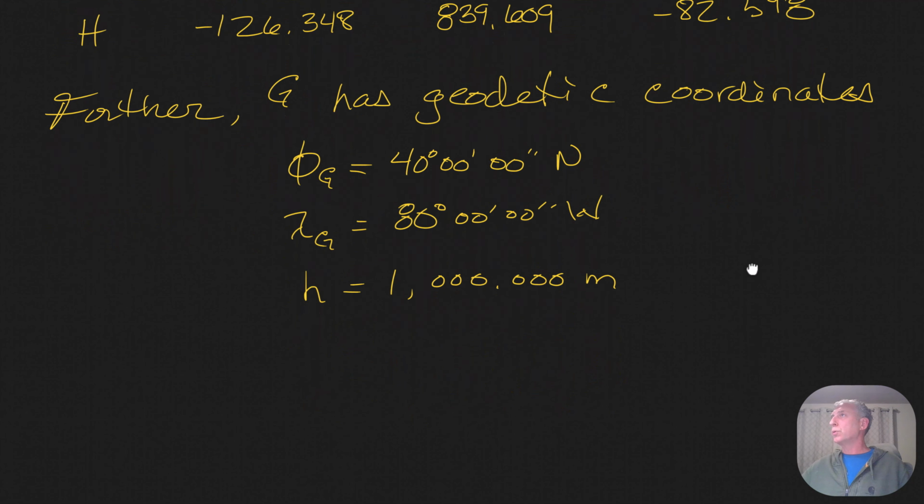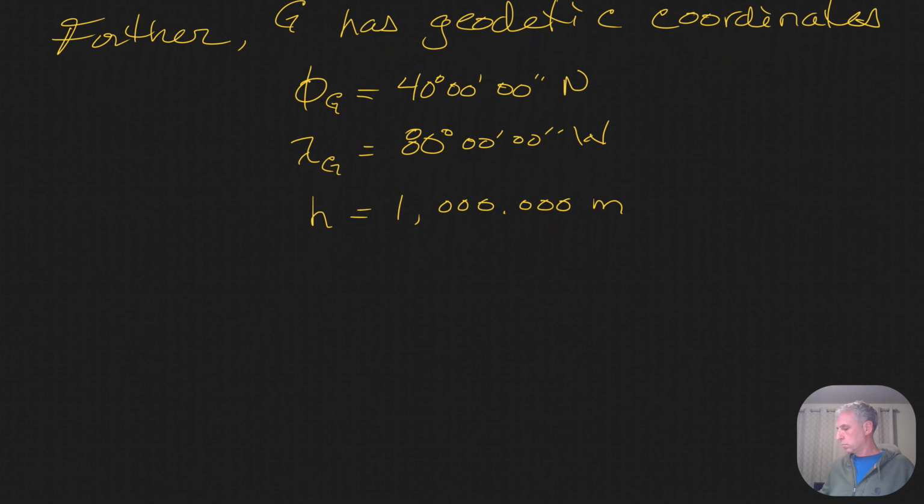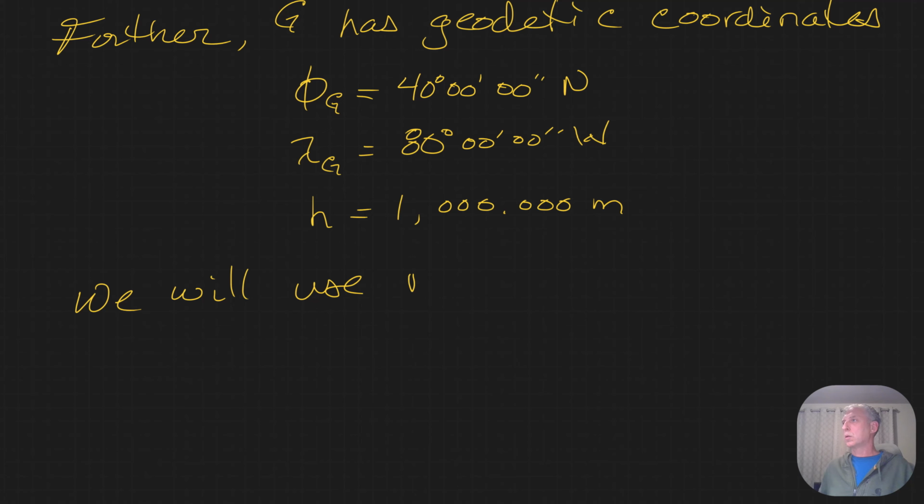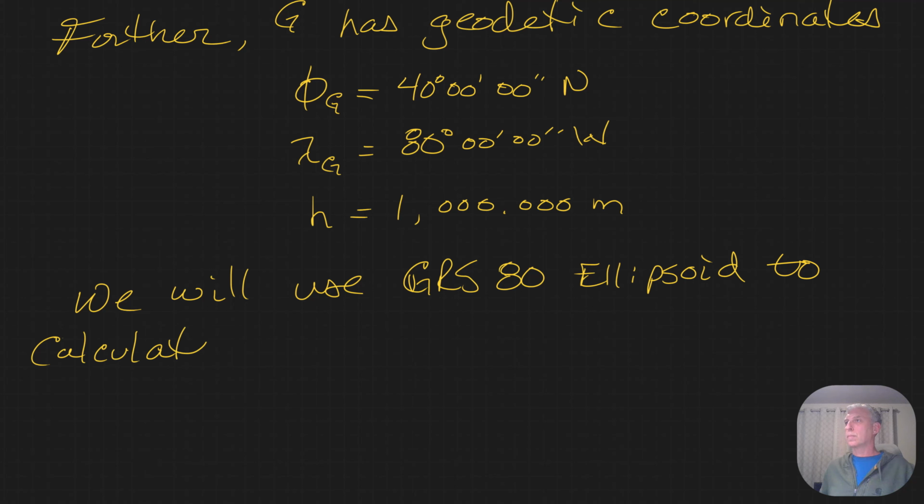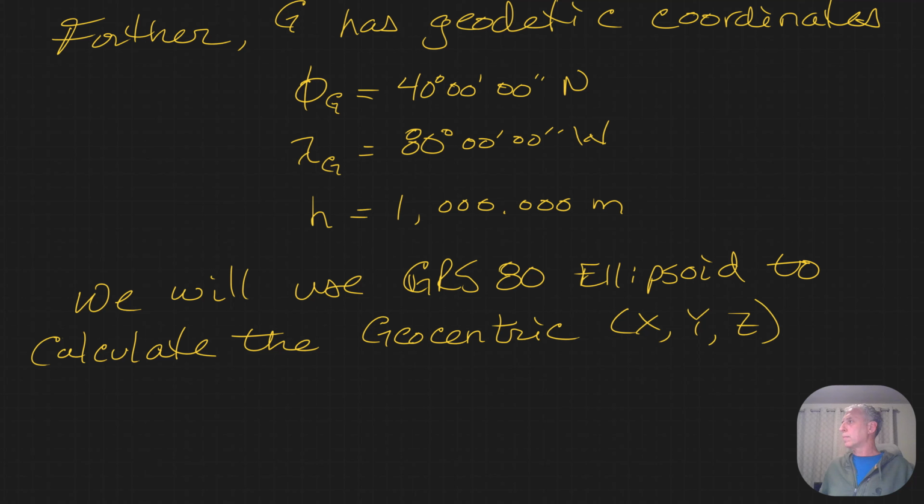So what we want to do, we will use the GRS 80 ellipsoid to calculate the geocentric or XYZ coordinates of each point.